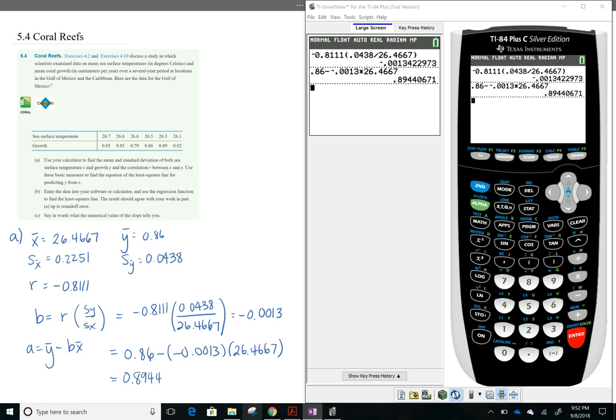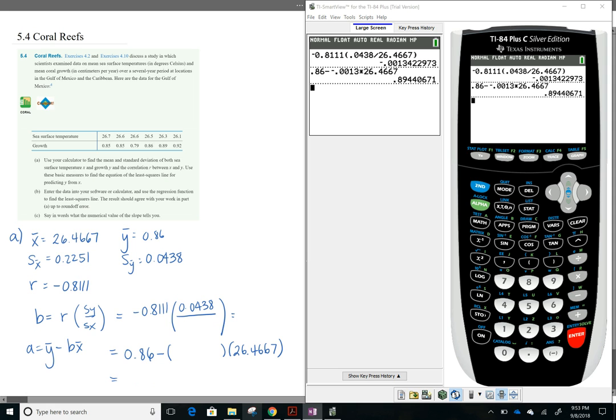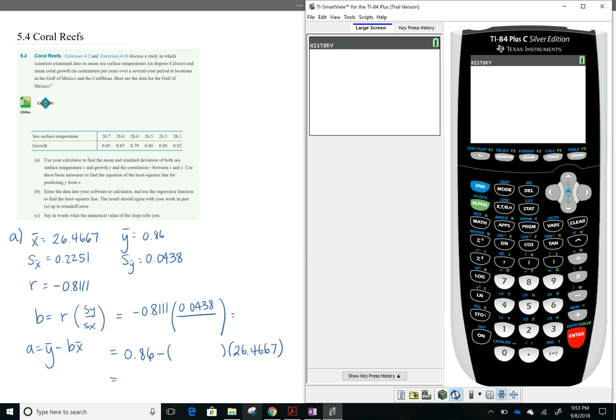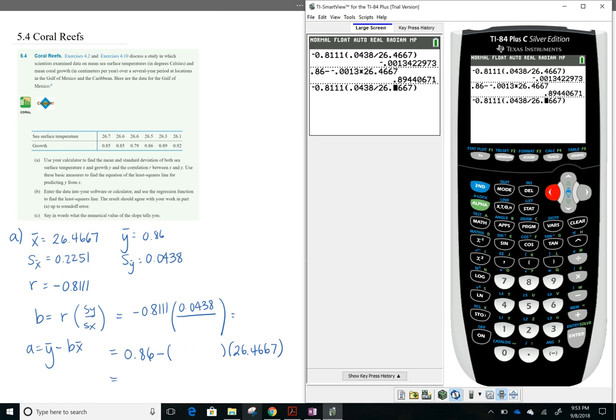The next thing that we do is calculate our linear regression using our calculator and verify that this works. Oop, I noticed that I have made a mistake here. I used the mean of x and not the standard deviation. So that's going to change this value. 0.2251 is what we should be using.